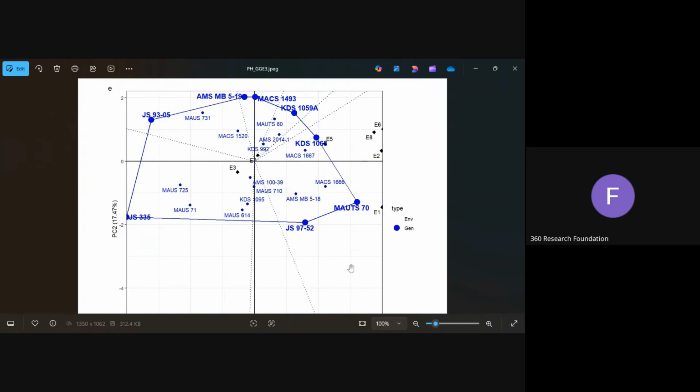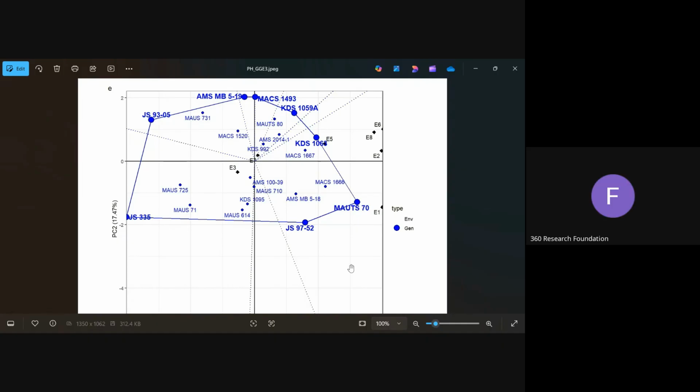Is it correct? Are any environments near 731? Here environments are represented by black diamonds. Just see, are any environments near 71, 725, 731? No, sir.